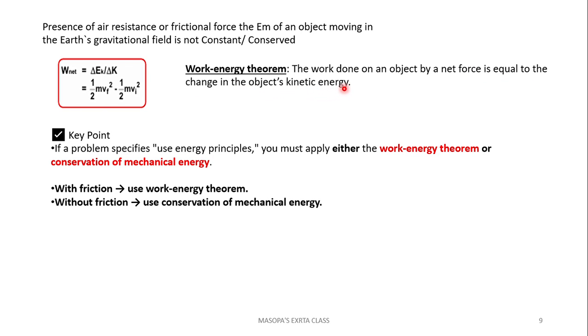Once there is a change in kinetic energy, the net work also changes. To calculate that, you look for the net force, F net, and the work net then goes to your change in kinetic energy, which is the final kinetic energy minus the initial kinetic energy.